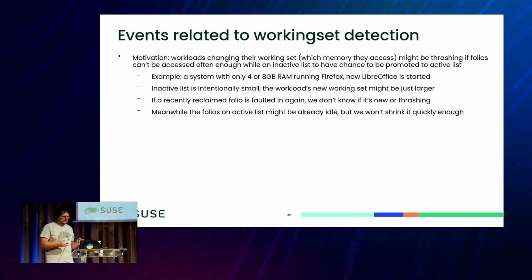So what happens with normal reclaim is that because we tend to focus on the inactive list and make it small, the LibreOffice might be thrashing itself because it has too many pages for the inactive list. It would be enough for the whole memory, but for the inactive list it's too large.